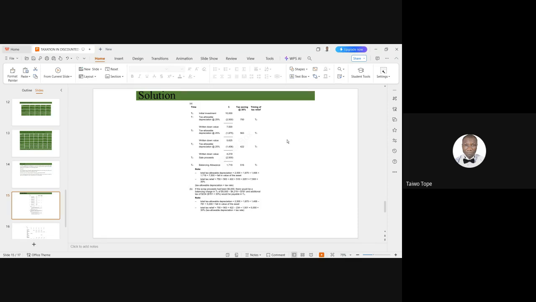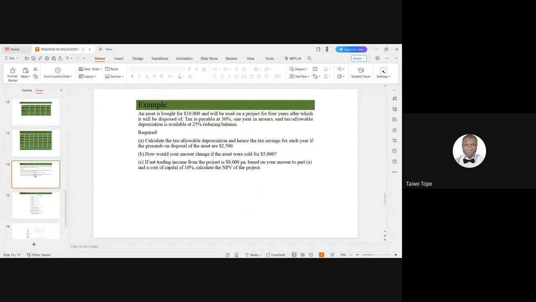Now let's proceed to the terminal point of the asset. The asset will be used on the project for 4 years, after which it will be disposed, and to be disposed at what rate? 2,500.